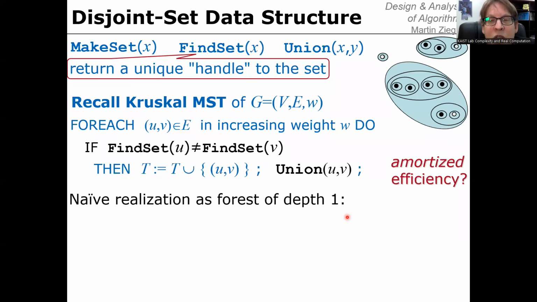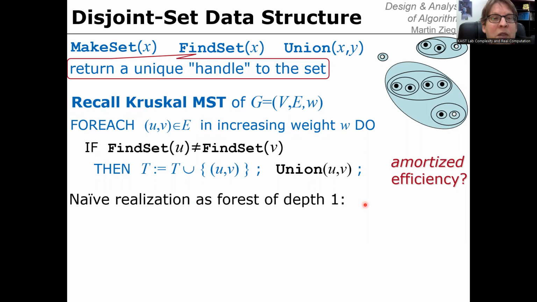And our first approach in realizing this data structure is to have each set as a tree of depth 1, where the unique handle is the root, and all the other nodes are attached to the root. Another tree for the other set, another tree for this set. So this is a forest, and it will have depth 1.